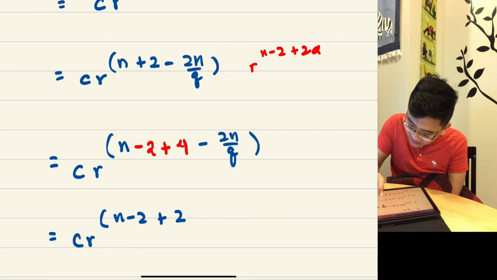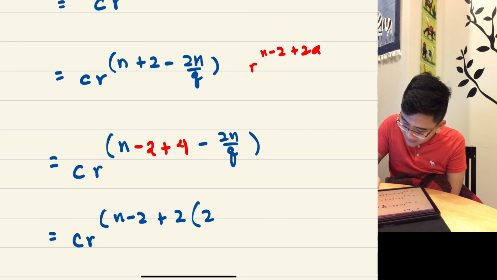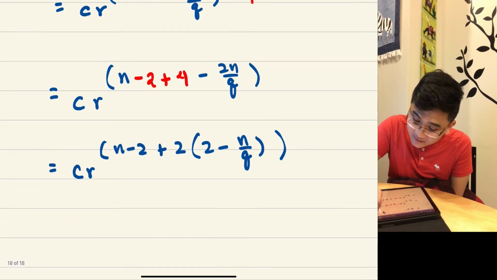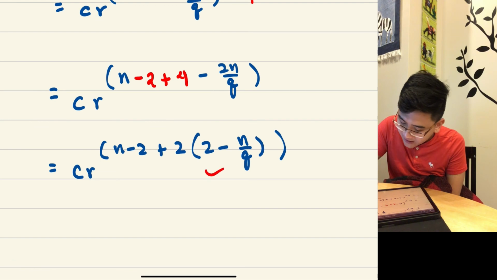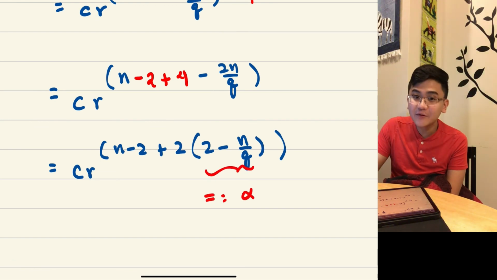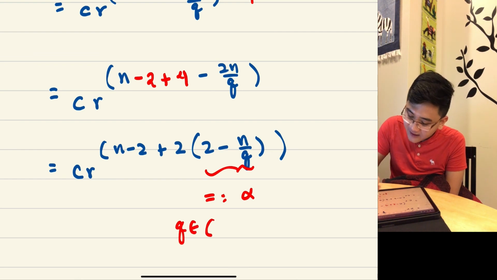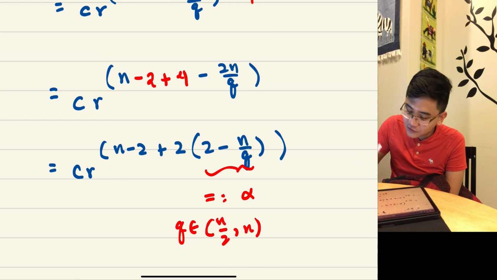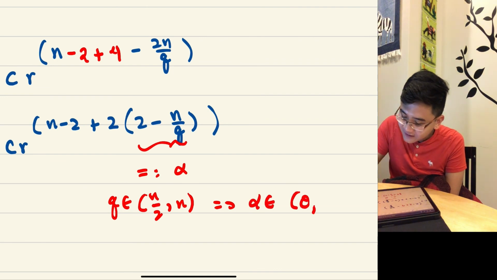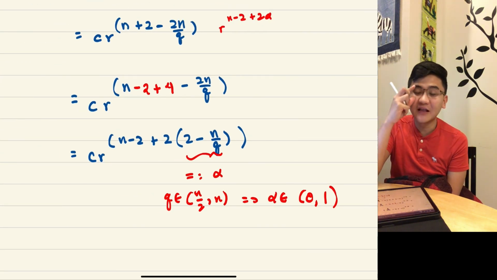I factor out 2 here. I'm left with 2 minus n over q, and this term here, I'm calling that alpha. And note that if q is in n over 2 to n, I'm leaving it to you to check that indeed alpha is in that magic interval (0, 1).